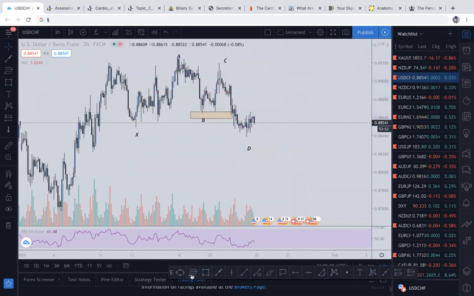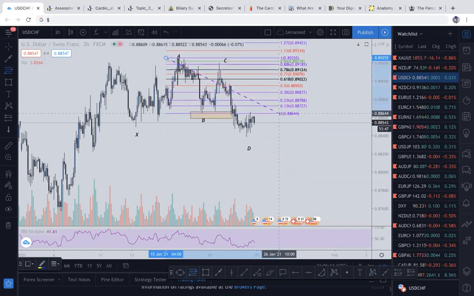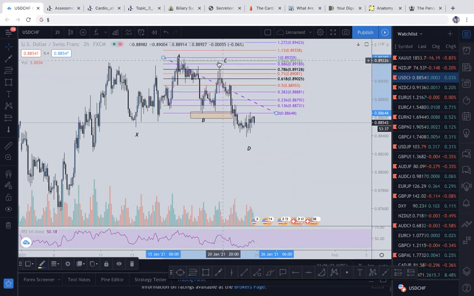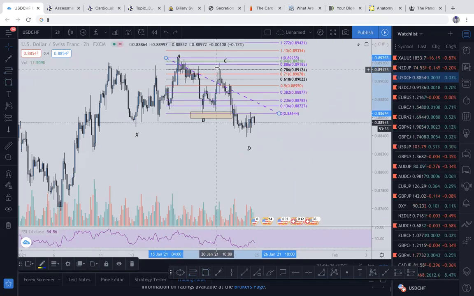And what did we say? If we pull our fib from A to B, what is the range that we want? 50% and above. Can we agree we have that? In that case, our C is confirmed.